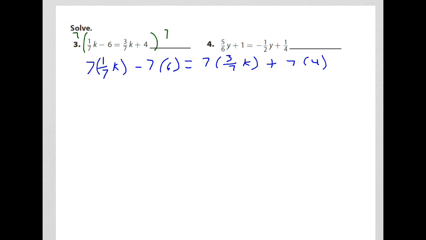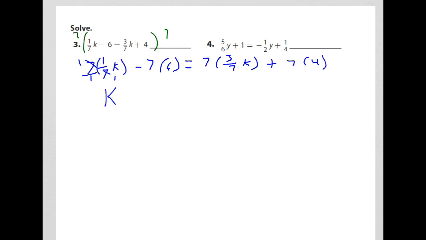Well, here I can put this over 1, and as you can see, I can simplify. 7 and 7 will give us 1 and 1, so here 1 times 1 and 1. And then, of course, you have k that's left. So you could put the 1, or you can just put k.